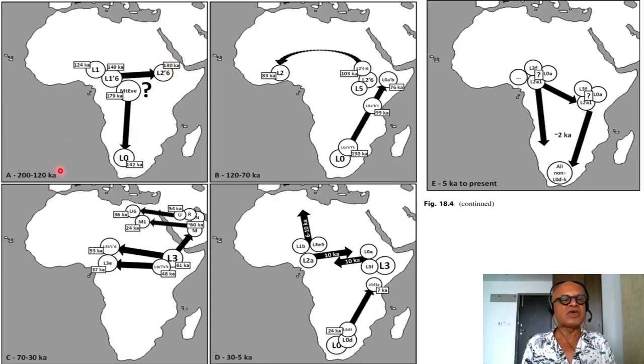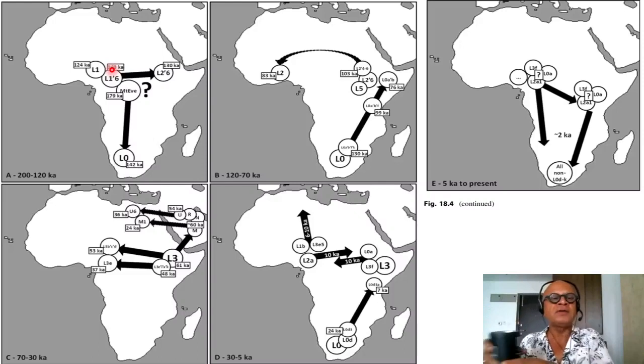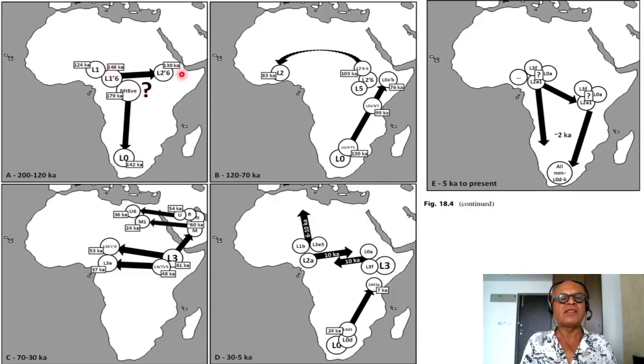But nonetheless, looking at various potential movements over different periods, 200 to 120 kilo years, various sites, 124, sorry, 148, 130 here, 179 and 142, and in the 120 to 70 kilo years, so these are the various stages we have already looked at. Again, various groups, archaeological sites dated to various times.